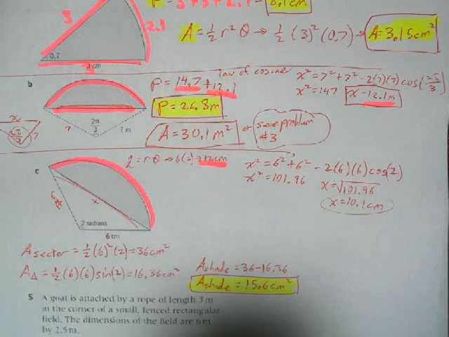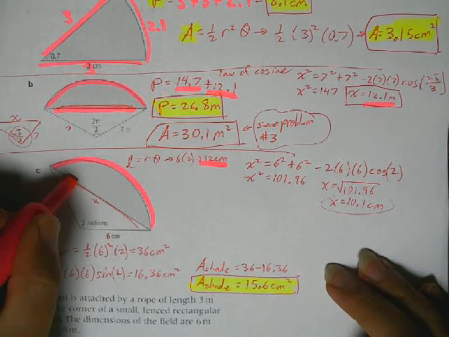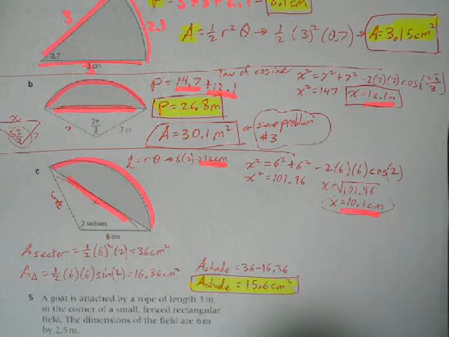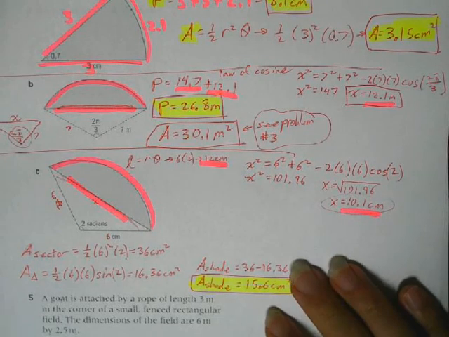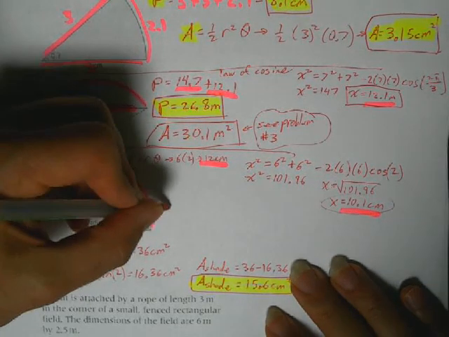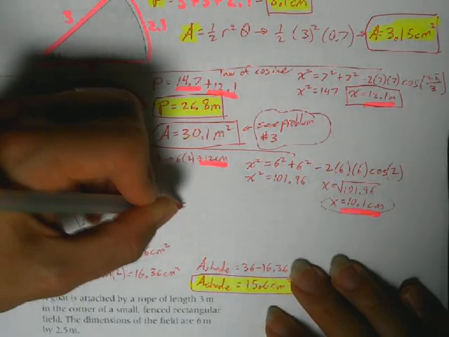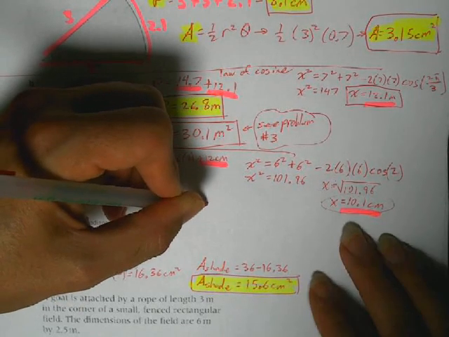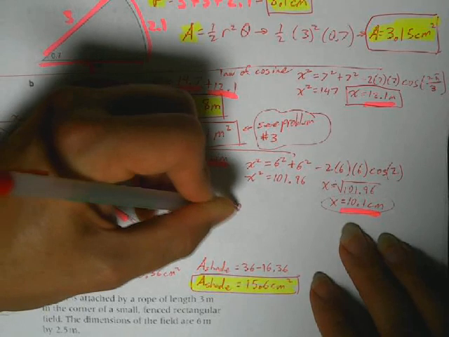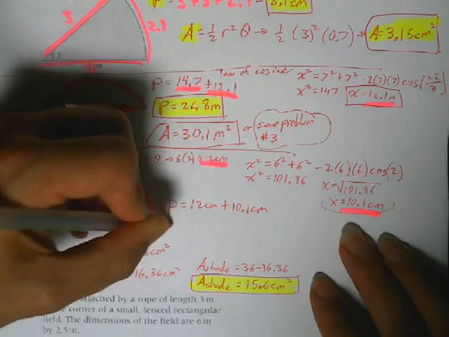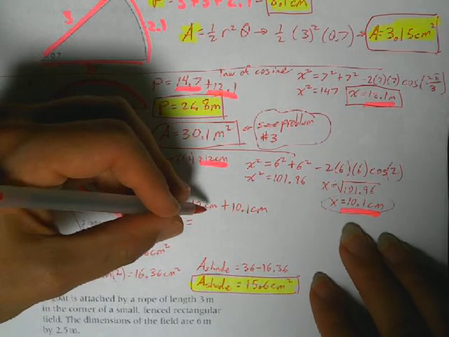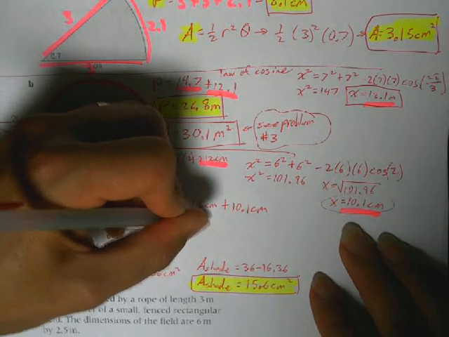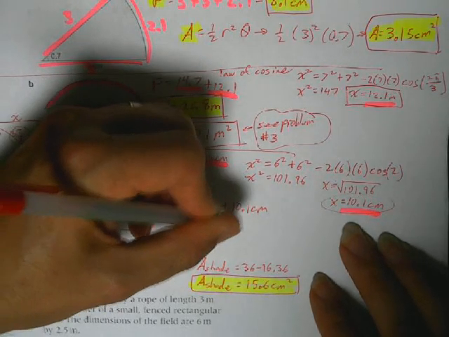So that's this length here. My perimeter is those added together, 12 centimeters plus 10.1 centimeters, so my perimeter is equal to 22.1 centimeters.